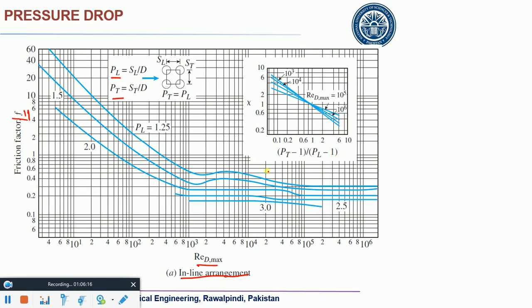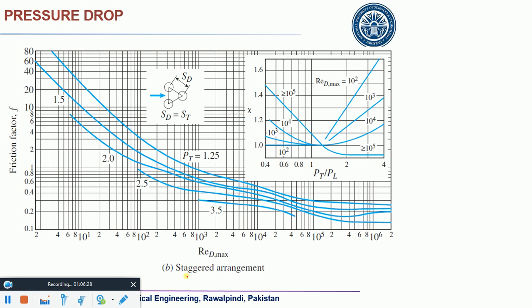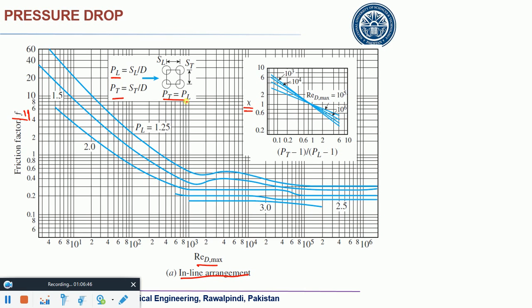There is another plot for this correction factor zeta, or just to make it simple, this is X. Similarly for staggered arrangement you have this plot, and these plots are used to define F and zeta. And to find out the appropriate curve you need to find this one, PT. This PT is already defined over there.